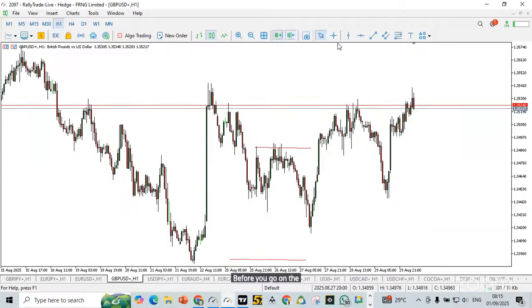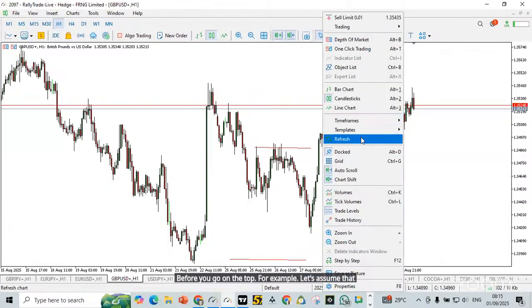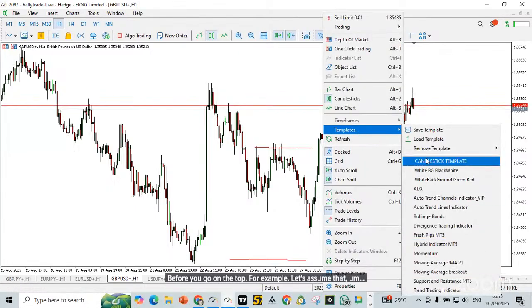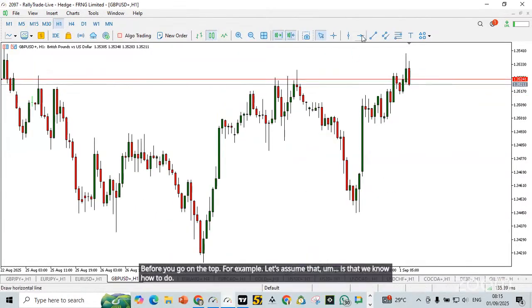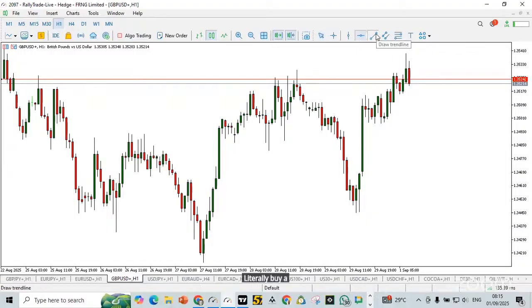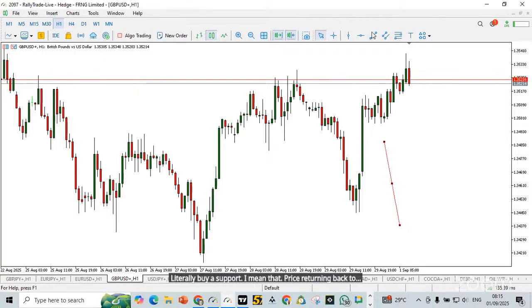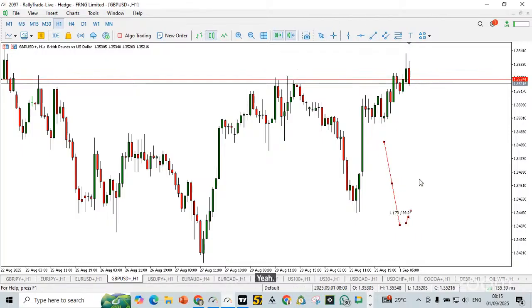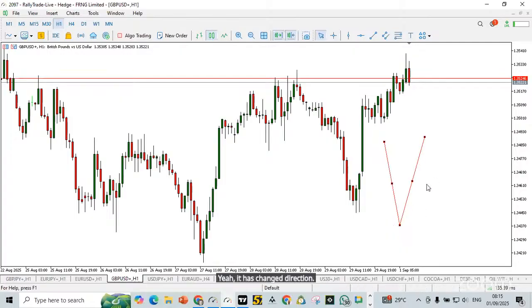For example, let's assume that one of the things you know how to do is majorly buy at support. What I mean is price returning back to where it has changed direction convincingly before, and price is now returning back to that area, like something like this.